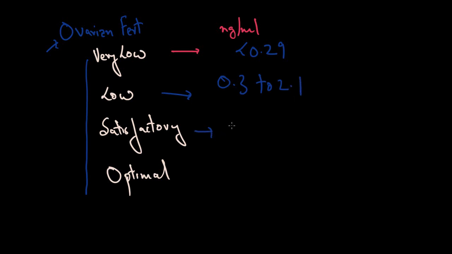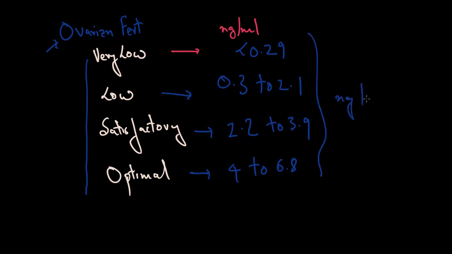Satisfactory levels are anything in between 2.2 to 3.9, and optimal are anywhere between 4 to 6.8. All the values are determined in nanograms per milliliter. So based on the levels, it can be broadly divided into 4 categories of ovarian fertility.